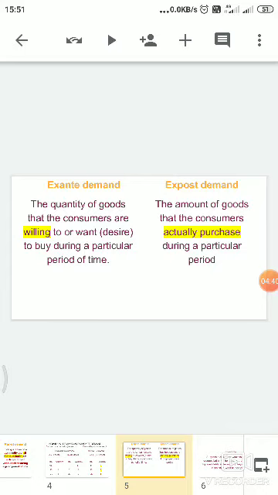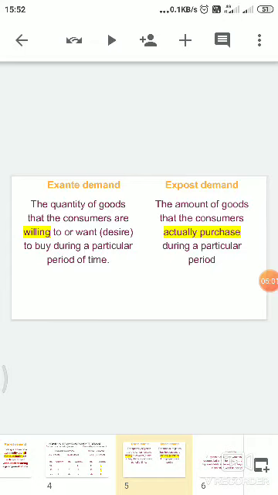On the other hand, ex post demand is the amount of goods that the consumers actually purchase during a particular period. See, ex ante is willingness. You can see the highlighted words. And ex post means what they have actually bought, actually purchased.